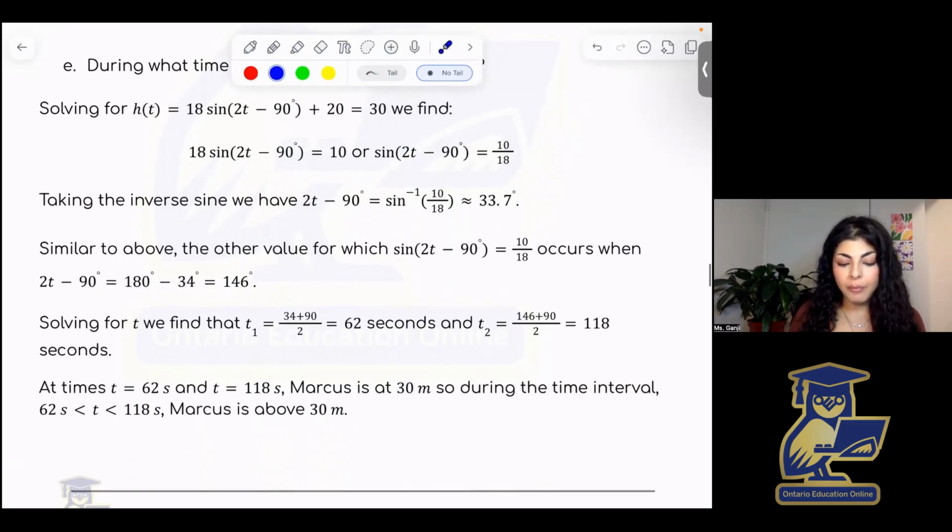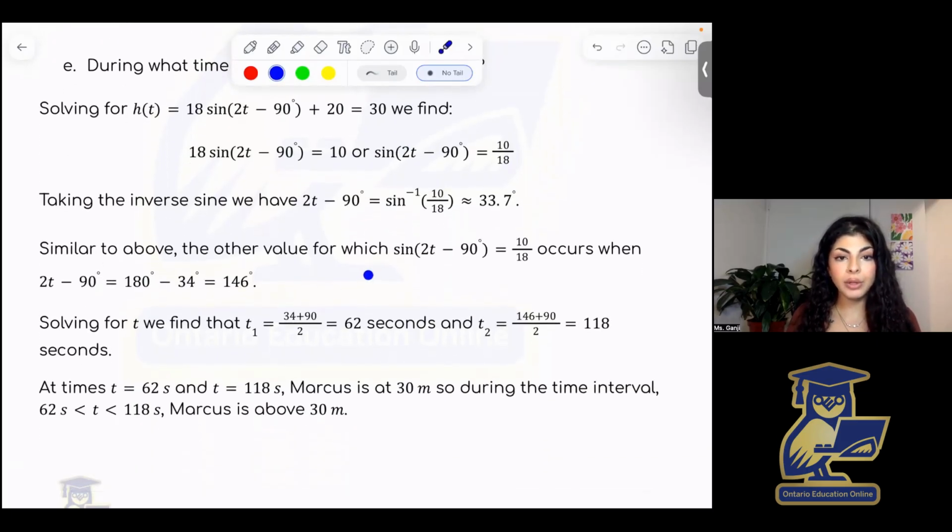Now, similar to above, we want to check for what other value this ratio is going to be equal to 10 over 18. And again, as above, we have 180 degrees minus 34 degrees. I just rounded this up. With angles, you can always round up or down to the nearest degree. So then the other angle is 146 degrees.